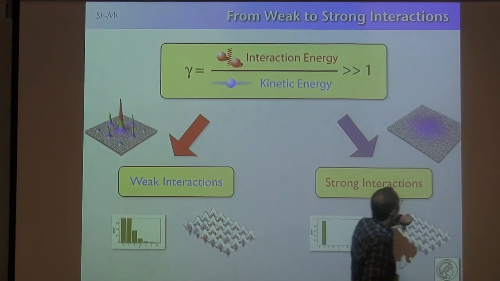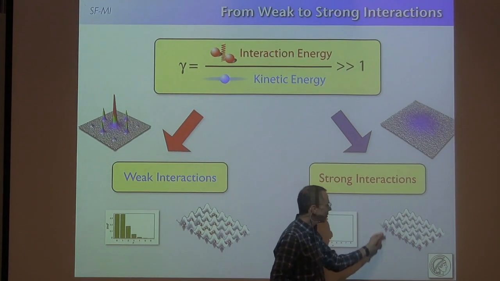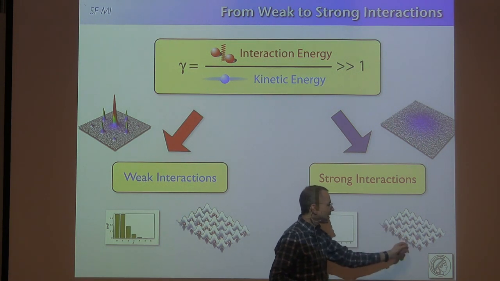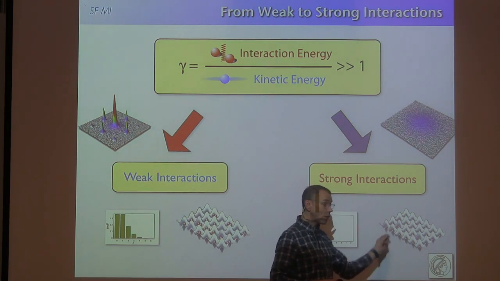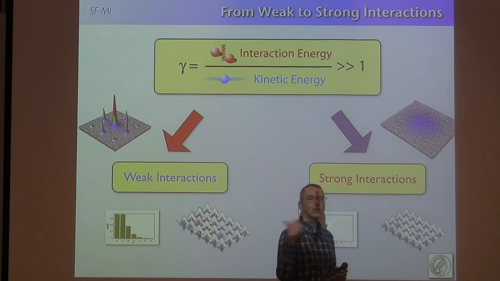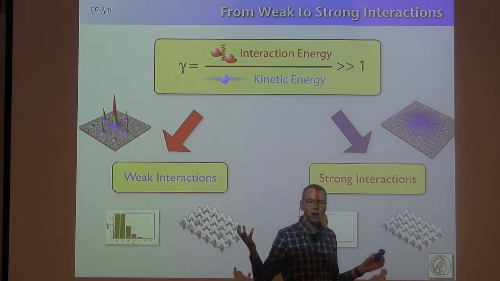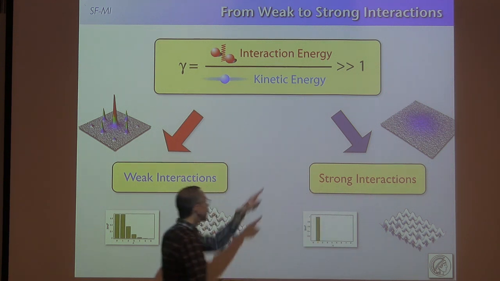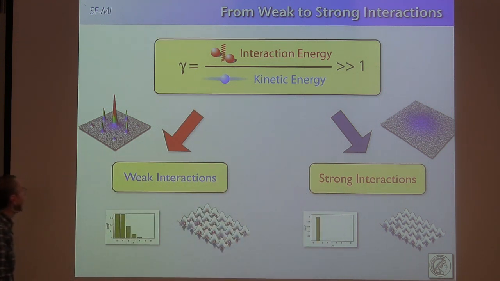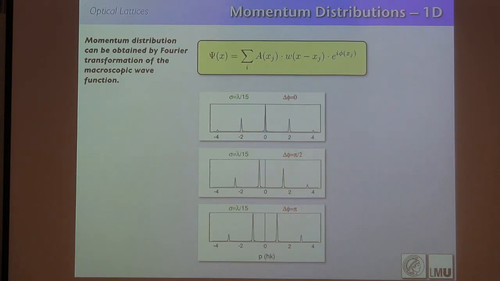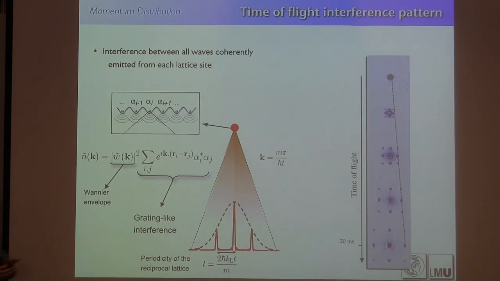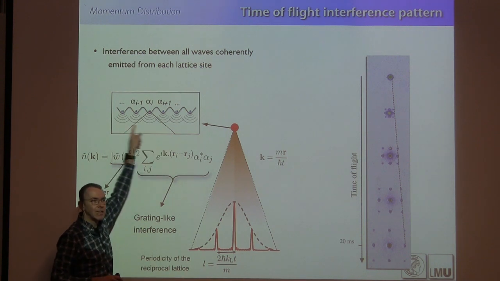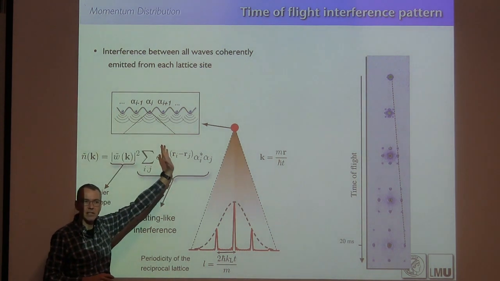So what happens: you can think of these waves as being emitted from each lattice site, but because we're dealing with Fock states, the quantum uncertainty of the phase of those matter waves is large. It's between 0 and 2 pi. So you can think of this pattern as emerging from many emitters, but they are now emitted with random phases.